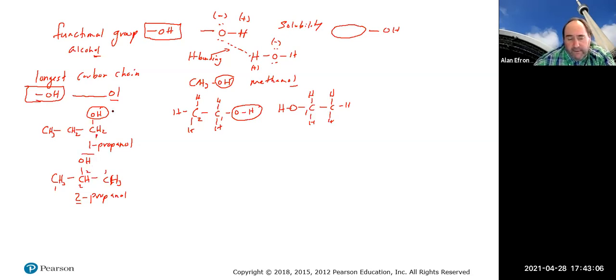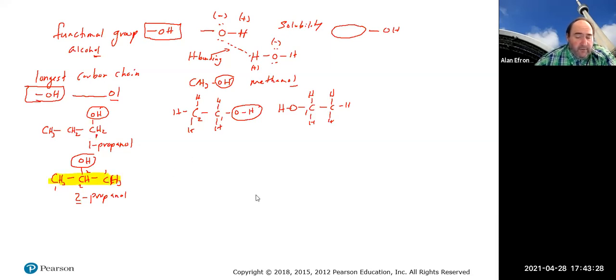So because there's a couple different options as to where it could be, that's when we need to start giving the location. Again, very much like with our double bonds or triple bonds. Alcohols like 2-propanol. Also, if you recognize the group on the bottom there, this is that CH3, CH3 group.